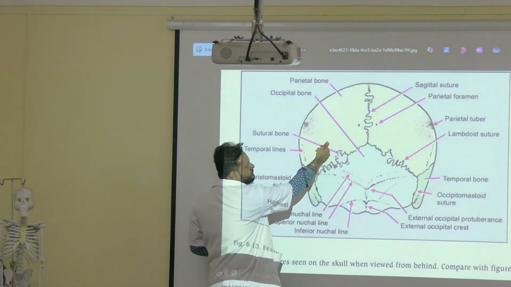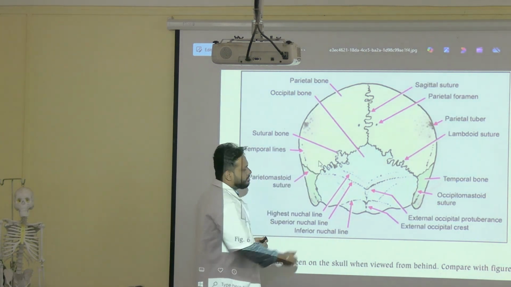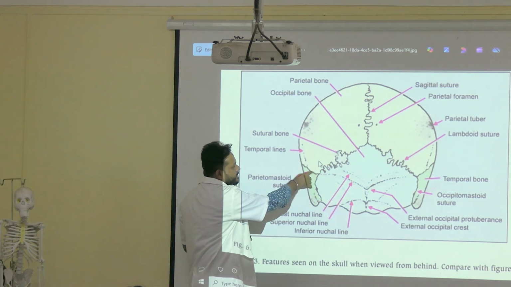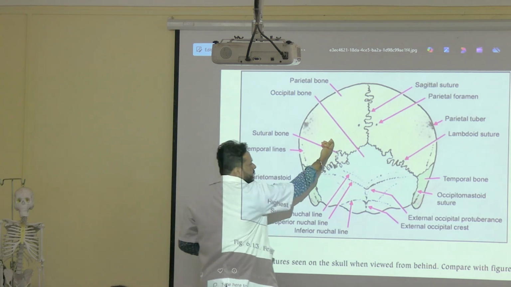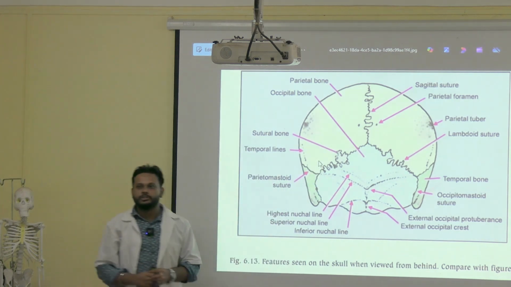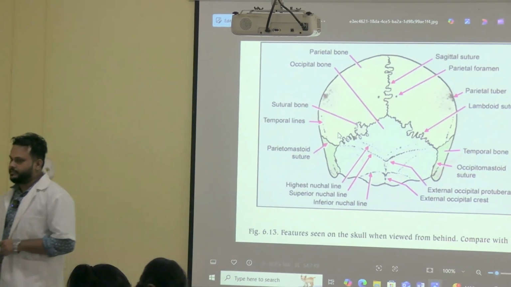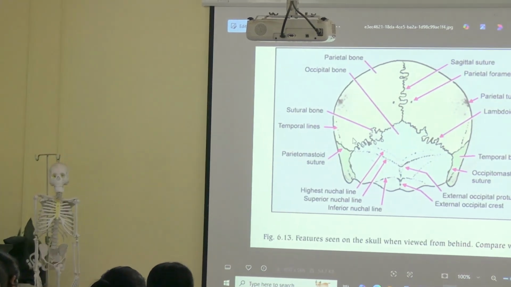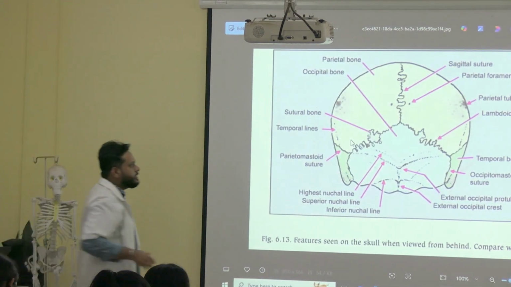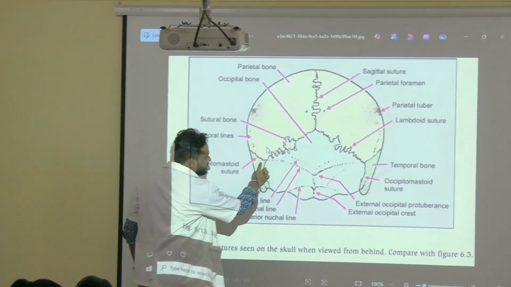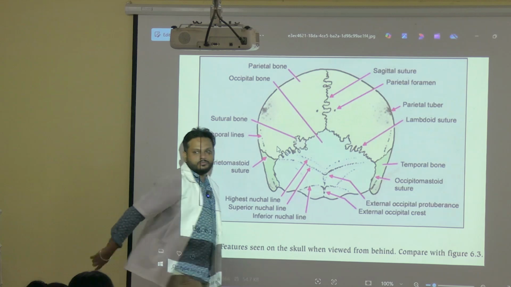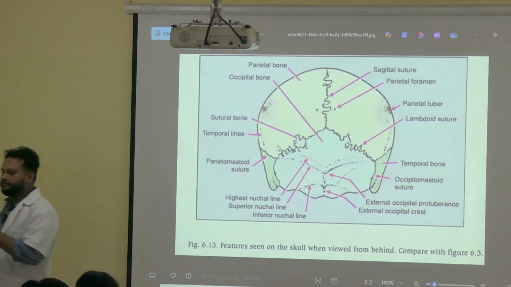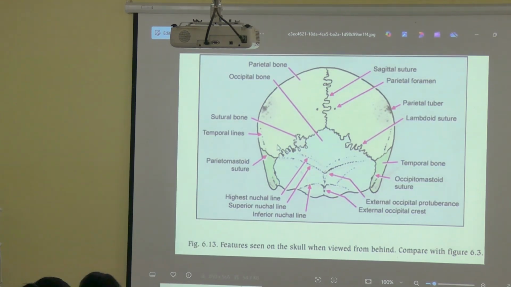And this is the temporal. This is your mastoid. Which suture is this? Sorry, above is the parietal, and this is your mastoid. Which suture is this? Yes, the parietomastoid suture. Right. Adjacent to this suture, there is the presence of the mastoid foramen. Okay.